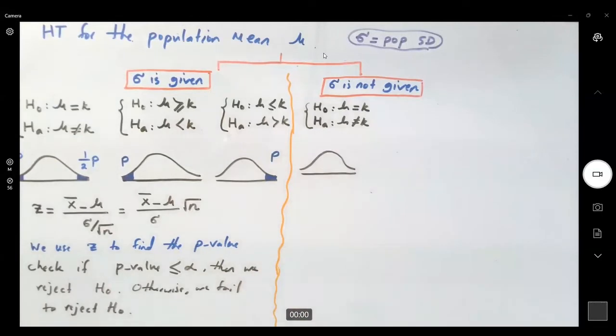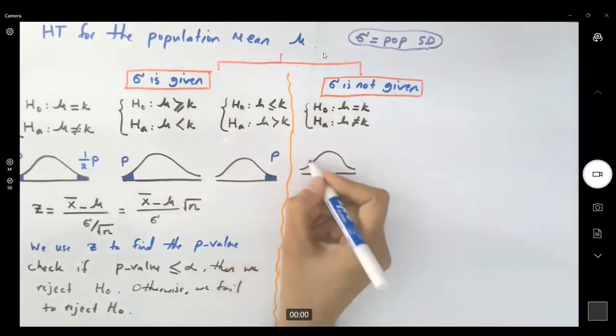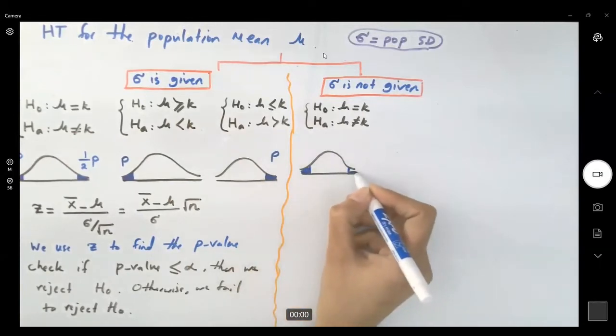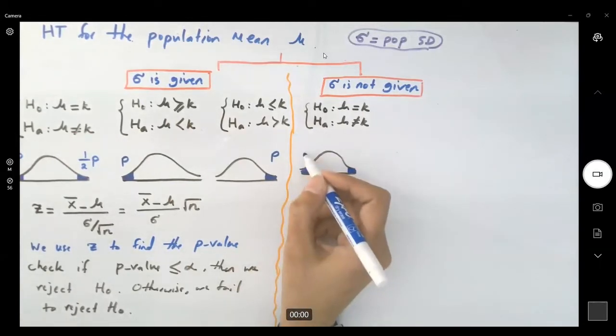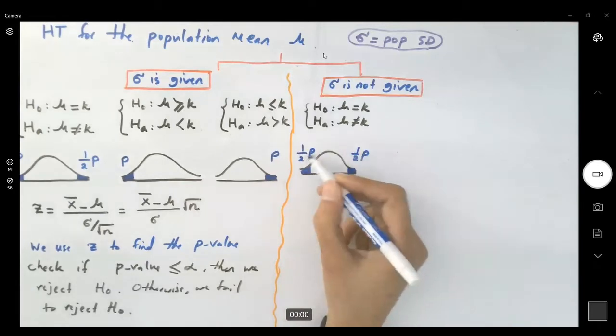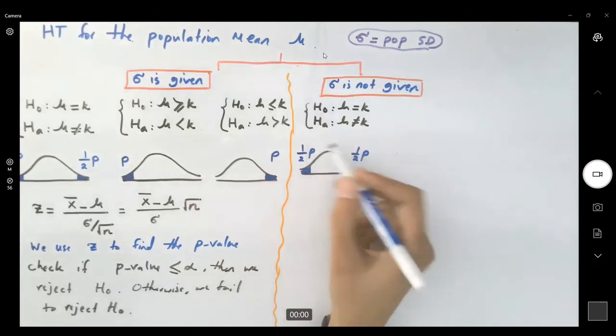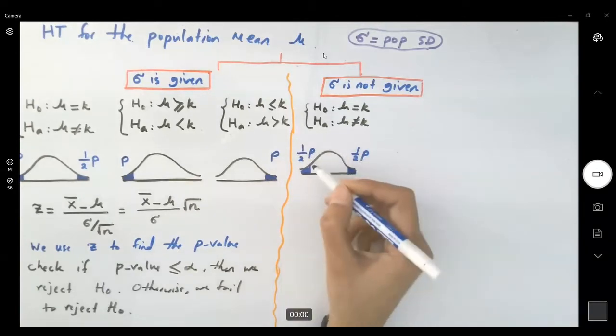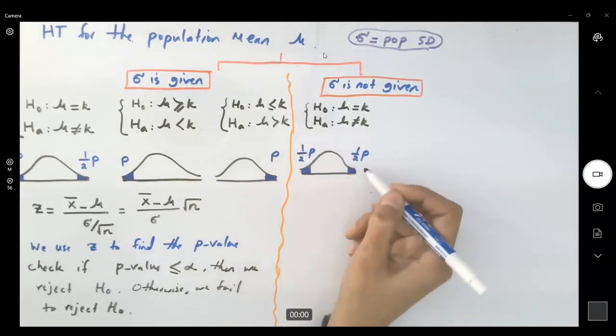It means that our p-value is divided into two equal portions, to the left and to the right. A half p plus a half p, so if you add these together, it's equal to p. The p-value is the sum of these two little areas.